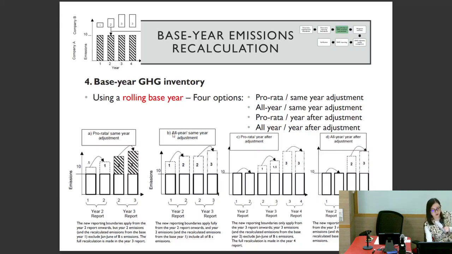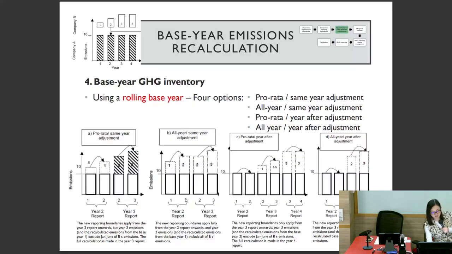Another one would be all year same year adjustment. For all year, we determine at the end of the year whether that company owned the other company. So in the year 2 report, by the end of year 2, company A owned company B, then it is responsible for 100%. So 100% of 2 will be 2, so 2 adding 10. And then the base year, which is year 1, is also 100%.